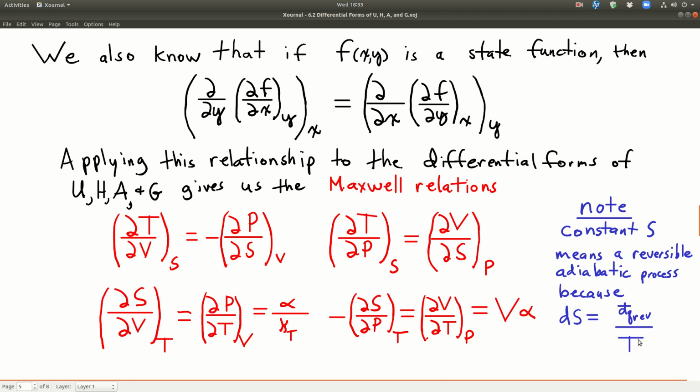Temperature can't be infinity, so that means that dq reversible must be 0. And what that means as a practical matter is that it's a reversible adiabatic process. Adiabatic because no thermal energy can flow into or out of the system. And that's what we have.